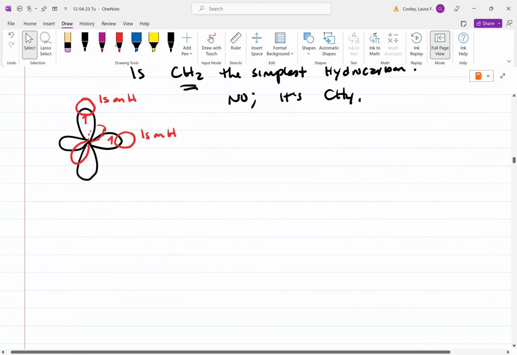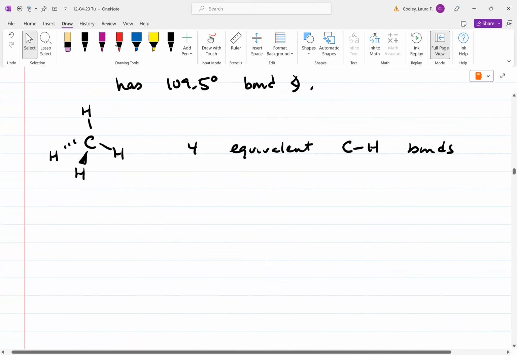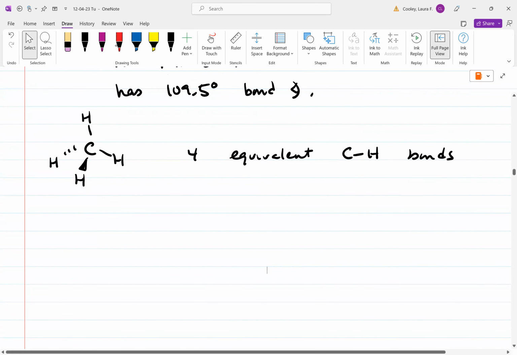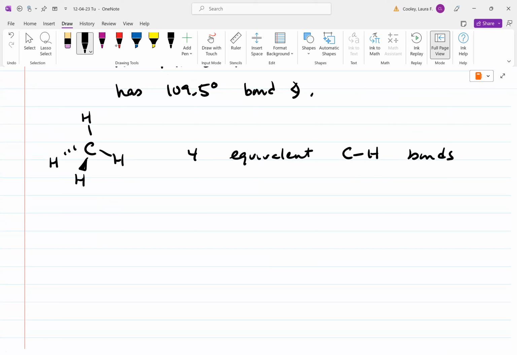We really can't get CH4. So there's something flawed about the theory so far. How are we going to get 4 equivalent CH bonds here? What you need is 4 equivalent orbitals on carbon, orbitals that sort of point like this.